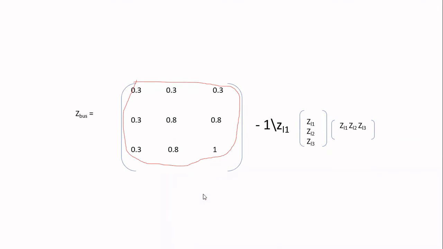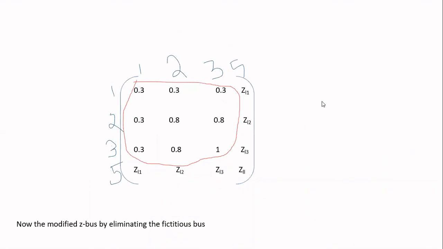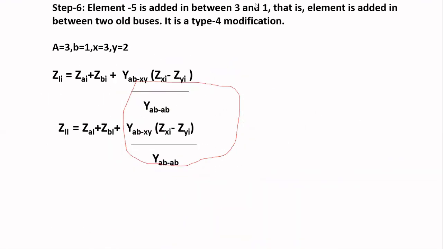First of all, if you have mutual impedance, then we note down the A, B, X, Y values. After that, we note down that the type 4 modification means it is a link.